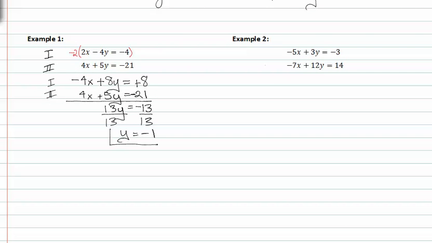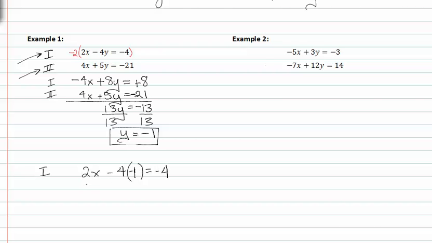Now that we have a value for y, we can take either one of our other equations, equation 1 or equation 2, and plug in -1 in place of y. I'm going to pick equation 1, 2x minus 4 times -1 equals -4.